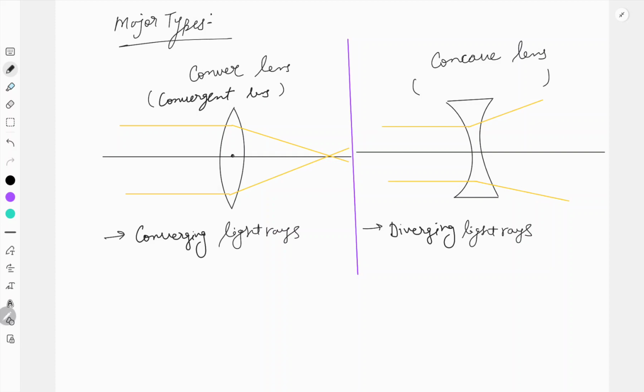Okay. And what do we say? Let me just confirm if it is called convergent, right? Transparent material bound by two surfaces, convex, and converges, called converging. I'm sorry, not convergent but converging.